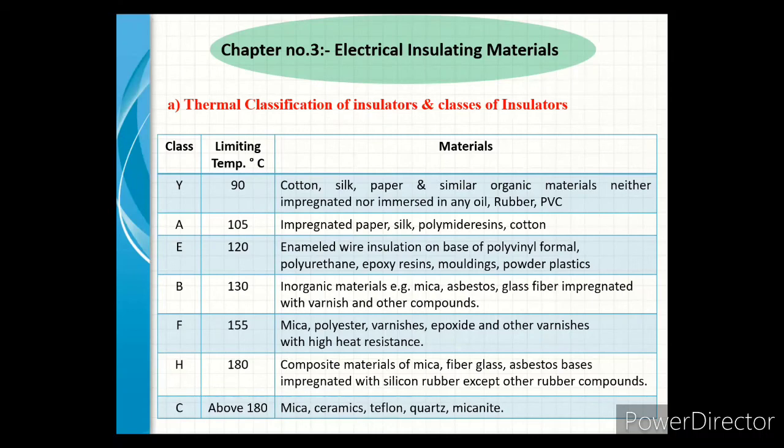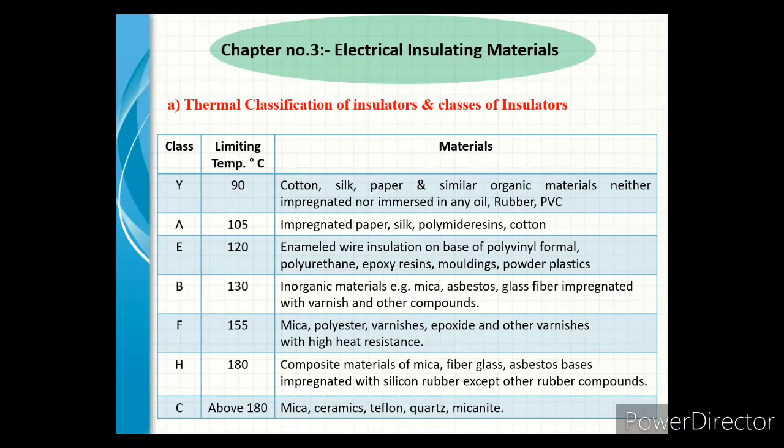Our next class is fifth class, F class, and its limiting temperature range is 155 degrees Celsius. The material included in this class is mica, polyester, varnishes, epoxide, and other varnishes with high heat resistance.